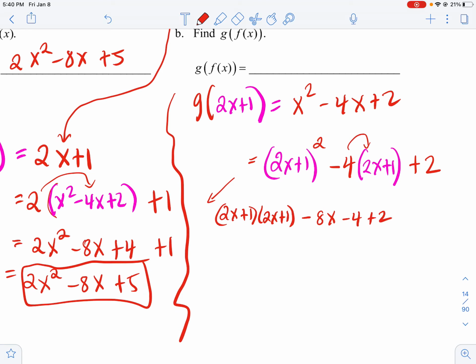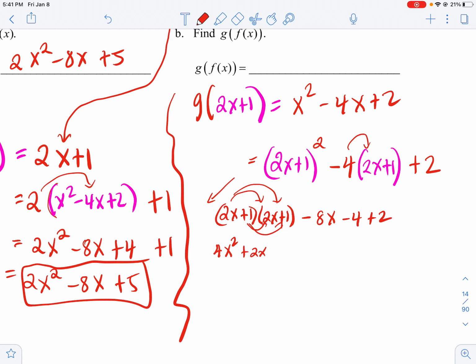Right? I distributed negative 4 to both 2x and 1. That's how I got negative 8x minus 4. Okay, and I think you guys know how to solve that.